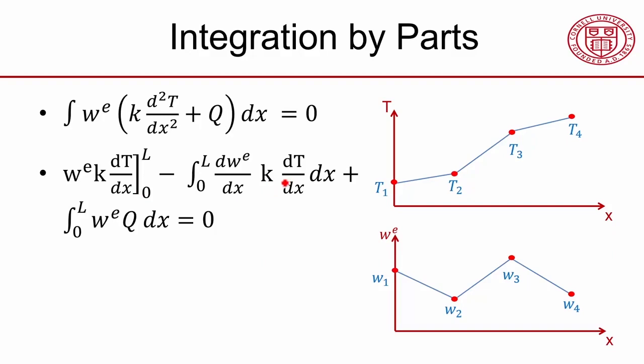And then you get a second term where you take your first function and you differentiate that, that's just the constant, and you integrate your second function, and when you integrate d²T/dx², you will get dT/dx. So now key things happened, okay? In the original differential equation, I have a second derivative for the temperature, but here I have the first derivative.